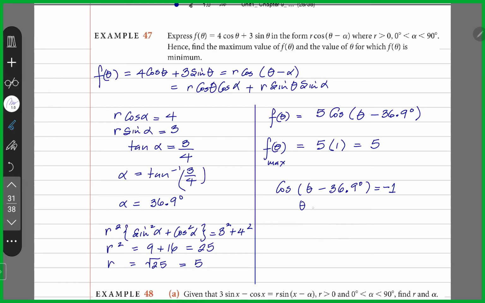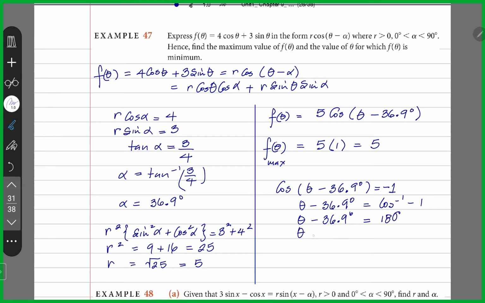So theta minus 36.9 is equal to cos inverse of -1. So theta minus 36.9 is equal to 180 degrees.